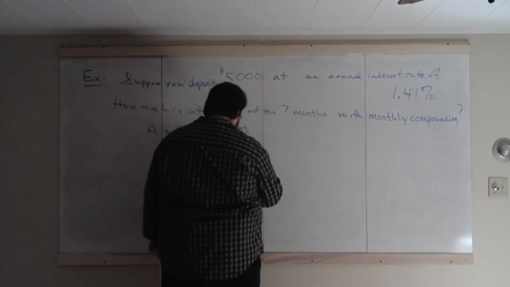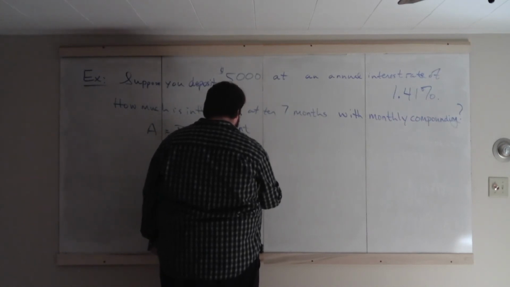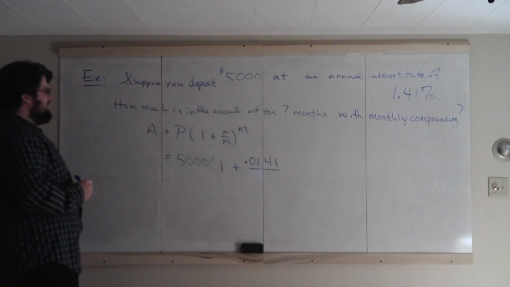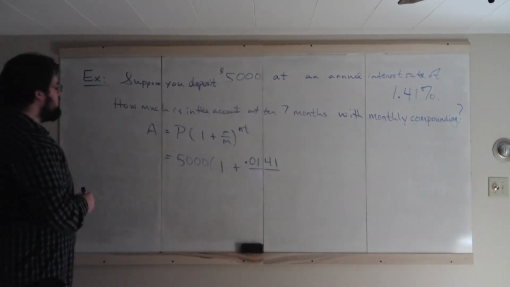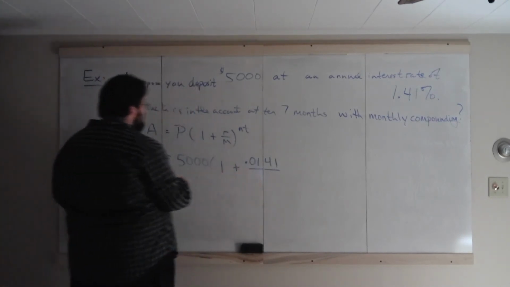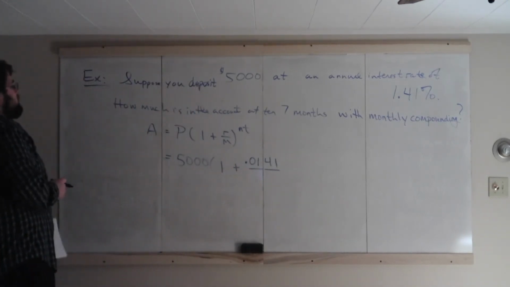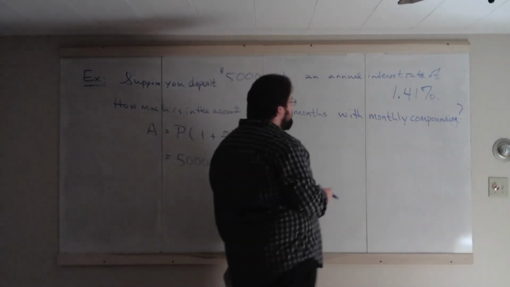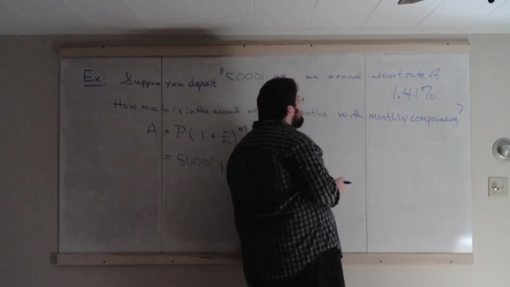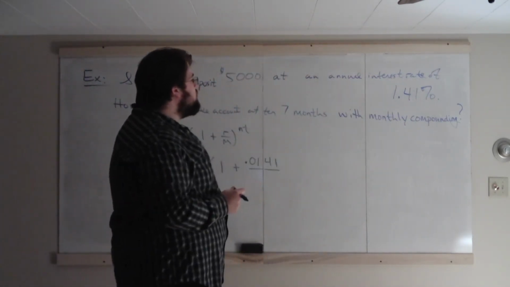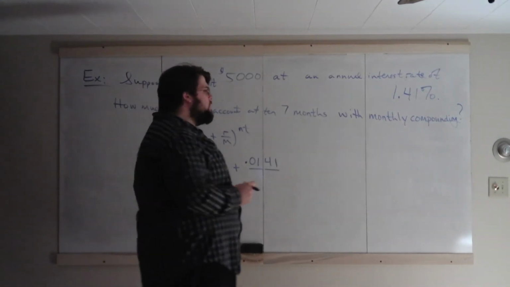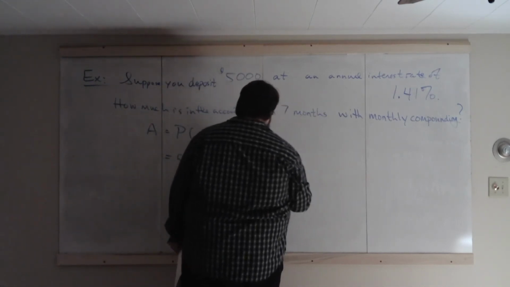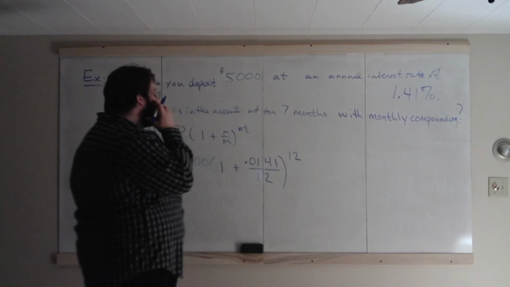Be careful with all these ones all over the place. 1.41% as a decimal is 0.0141, divided by M. M is the compounding number. This is an annual interest rate, and M tells you how many times it's compounded in a year. In this case, M equals 12. So that also gives us a 12 up there.